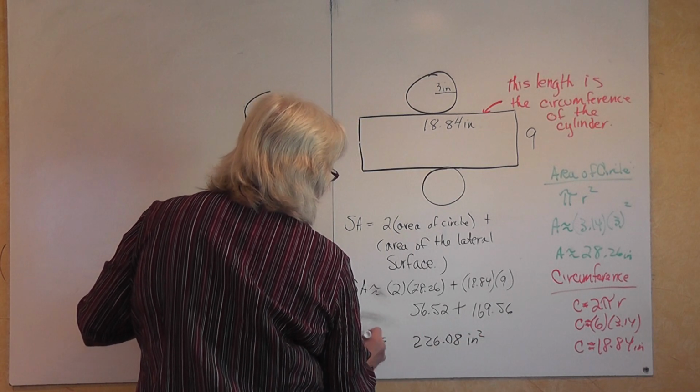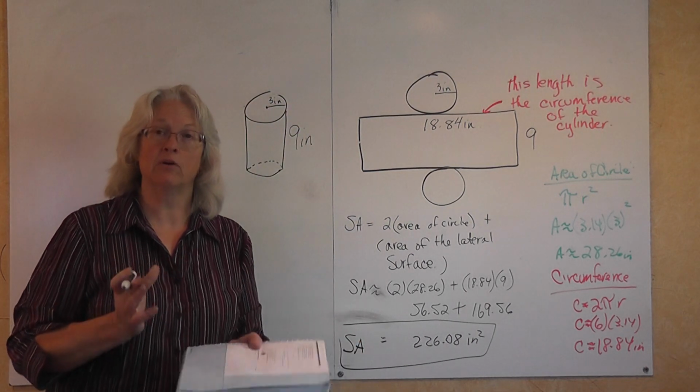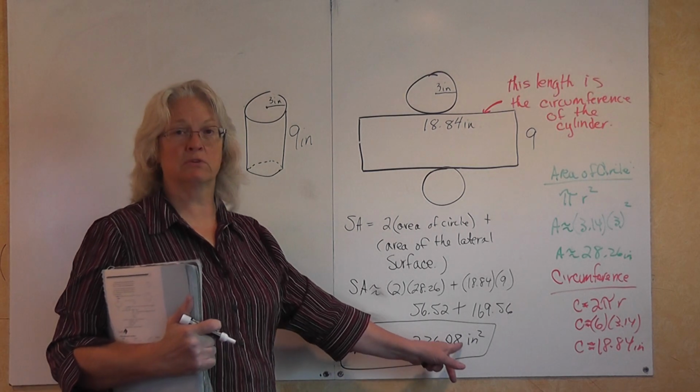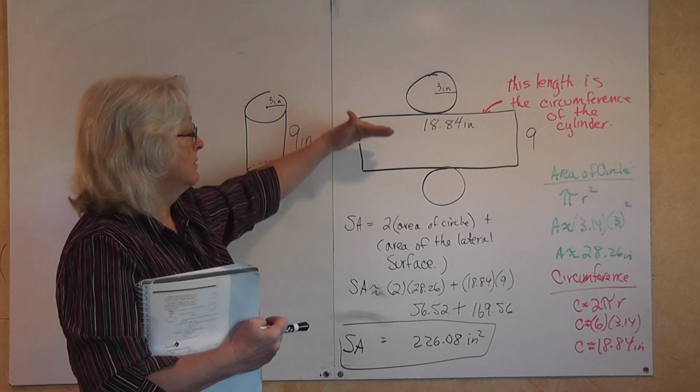Do not fail to remember that units of area are always square units. 226.08 square inches. Okay? Go back through that.